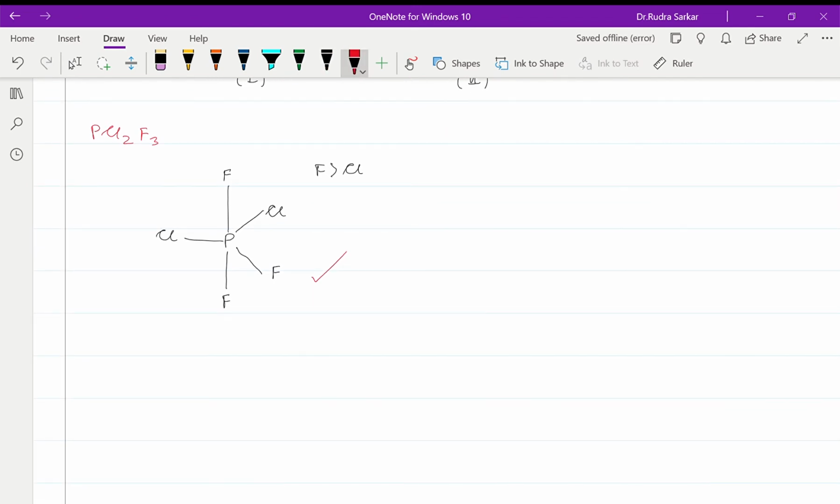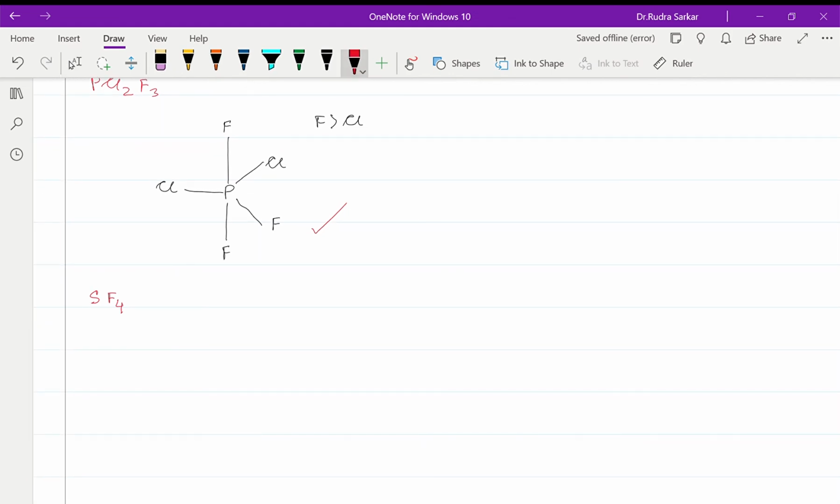Quickly, a few more examples again. Suppose you have been given SF4. Now let's do the total valence electron count of this.